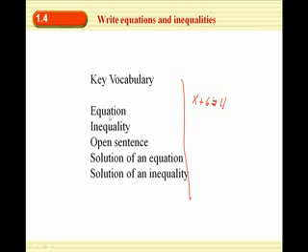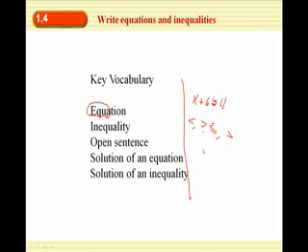And I remember that because equal and equation are spelled with the same first 4 letters. So an equation is a mathematical sentence formed with an equal sign. Okay, and an inequality is a mathematical sentence that is formed with a less than or a greater than, or you can use less than or equal to, and greater than or equal to.